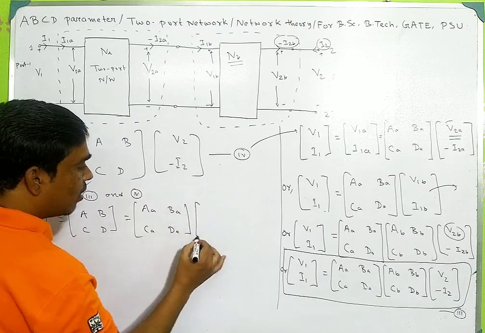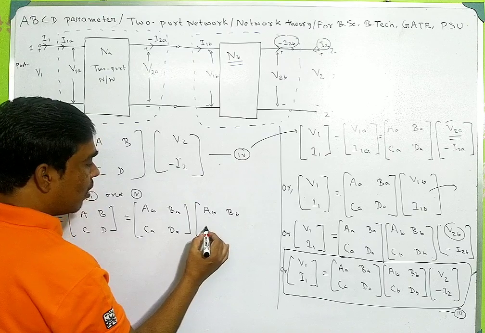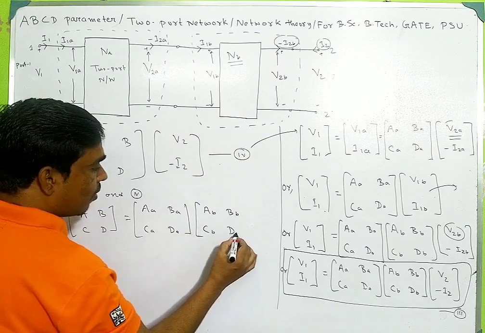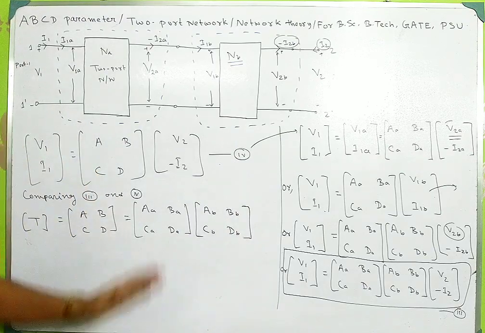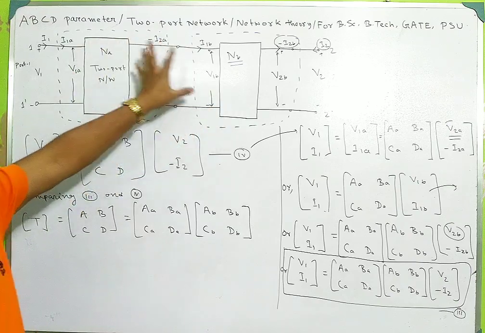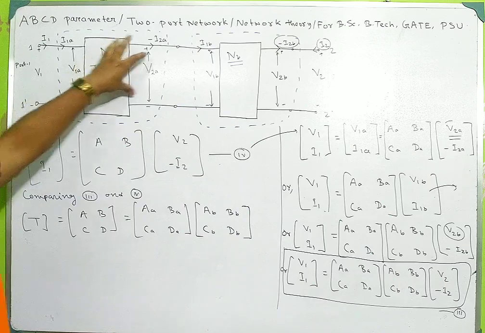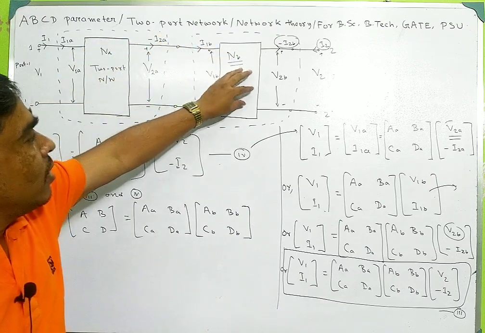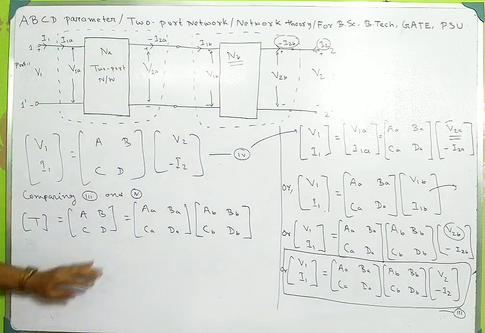So the total transmission line parameter of this cascading network is given by the product of the two ABCD parameters of these two networks. Okay, so this is the equation.